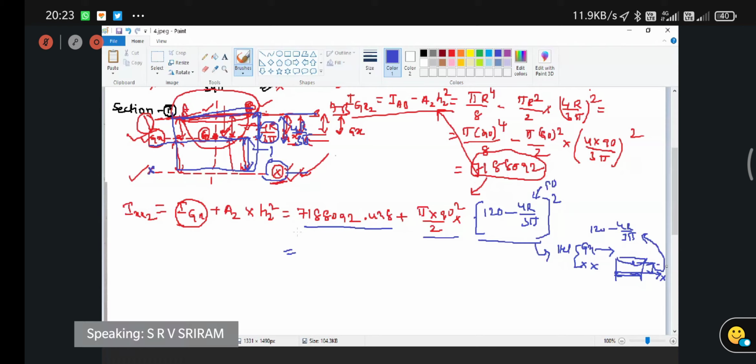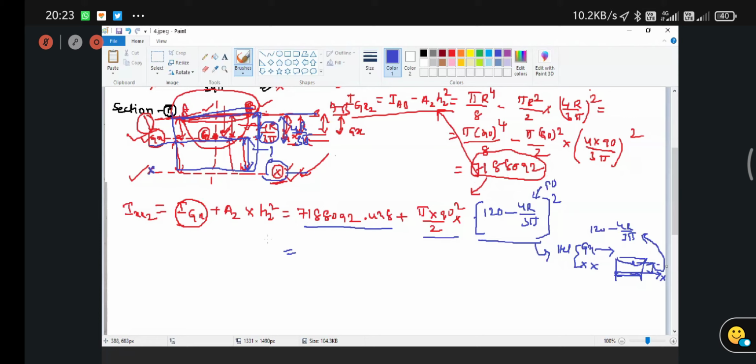So pi into r square, that is 90 whole square, divided by 2, into 120 minus 4r by 3 pi, 4 into 90 by 3 pi, whole square.